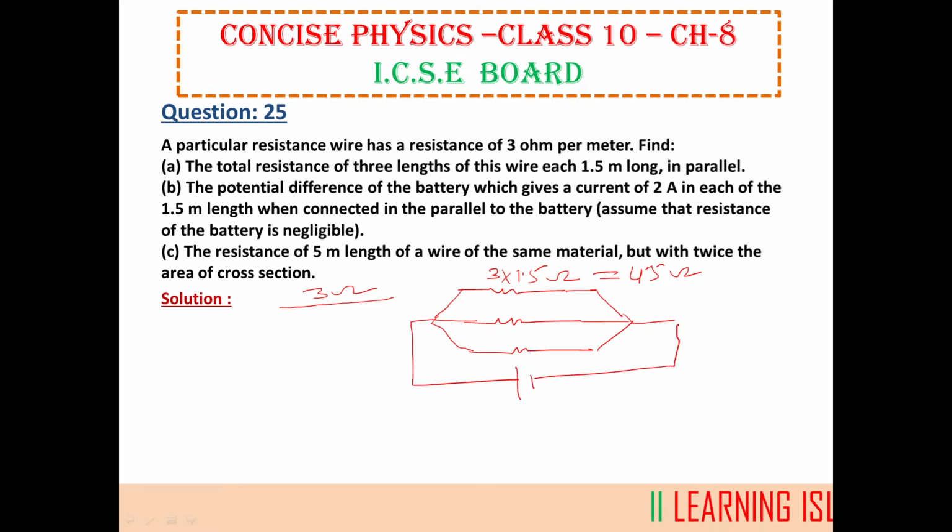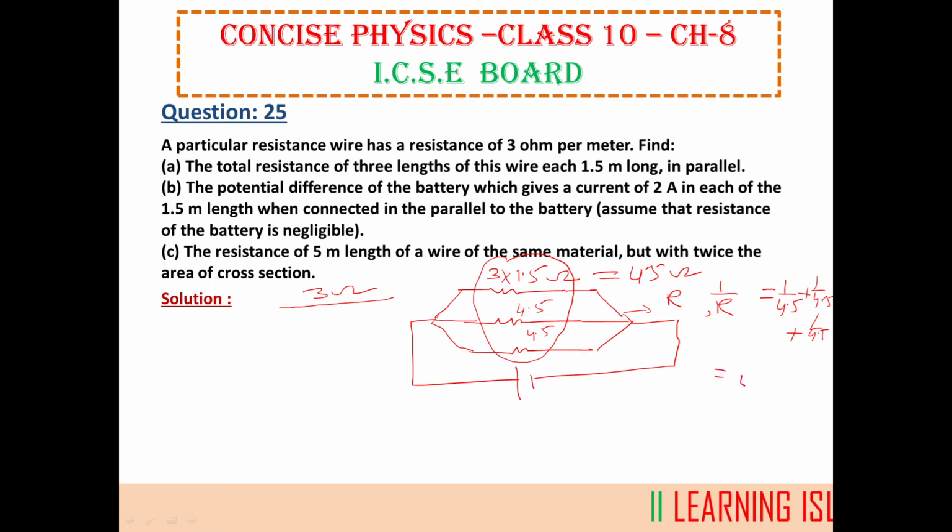Now in part A, we have been asked to find the total resistance of this circuit. As these 3 resistors are connected in parallel, the equivalent resistance R can be written as 1/R = 1/4.5 + 1/4.5 + 1/4.5.